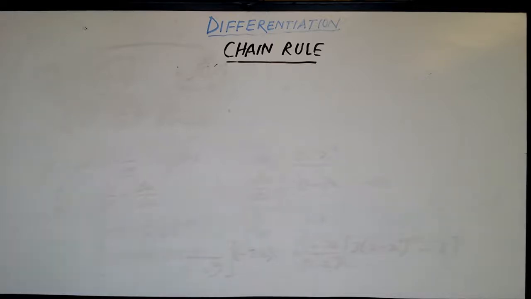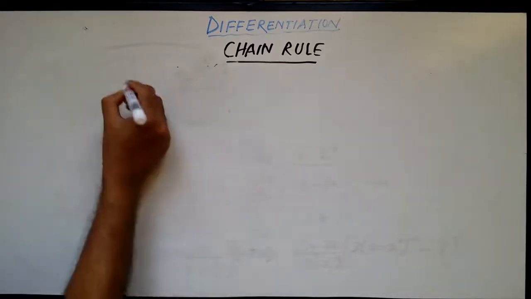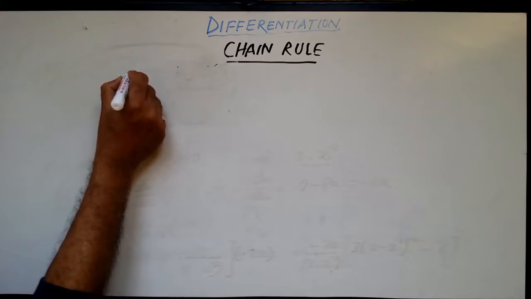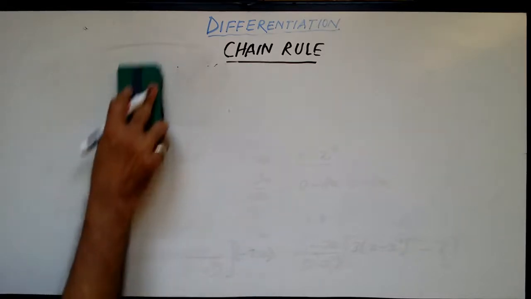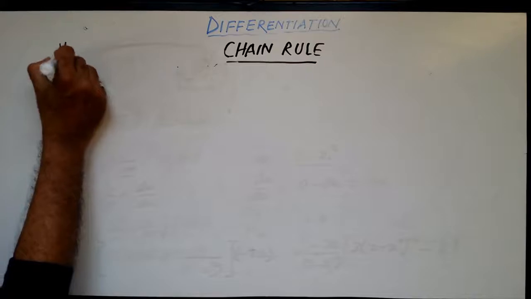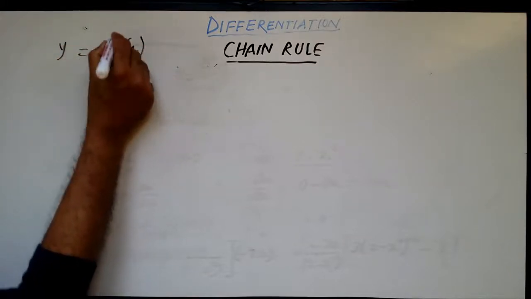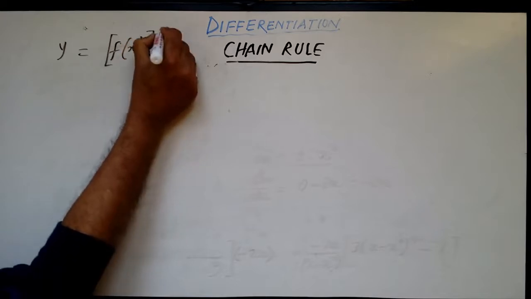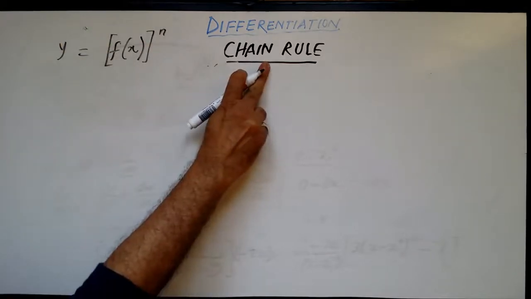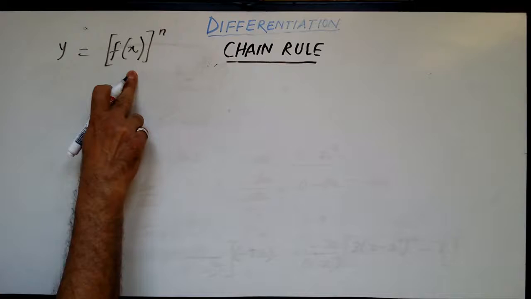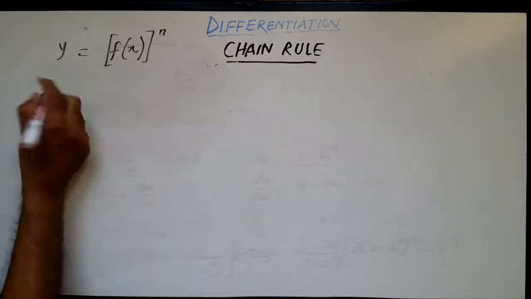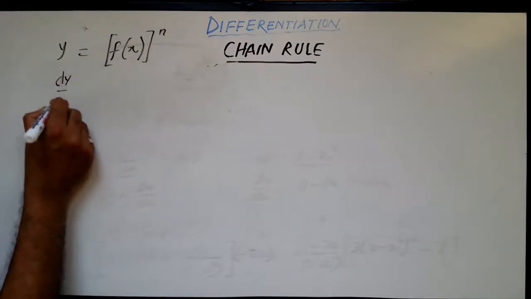Okay. Now, let's say we have a function y which is of the form a function of x, raised to some power n. We can apply the chain rule to such a function also, to get the derivative of y with respect to x.